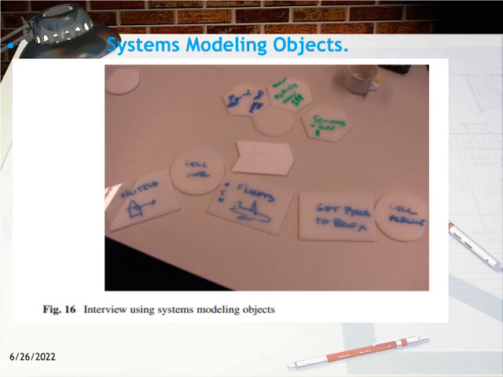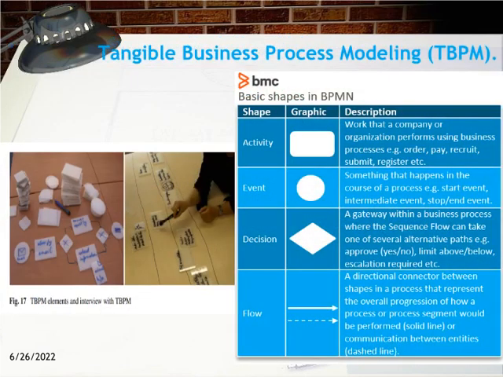The next iteration is TBPM, translating the 4 basic BPMN shapes, as shown in the figure, into tangible acrylic pieces. See the figures. In TBPM, the table becomes a definite playground on which BPM lanes can be drawn with lines connecting activities.